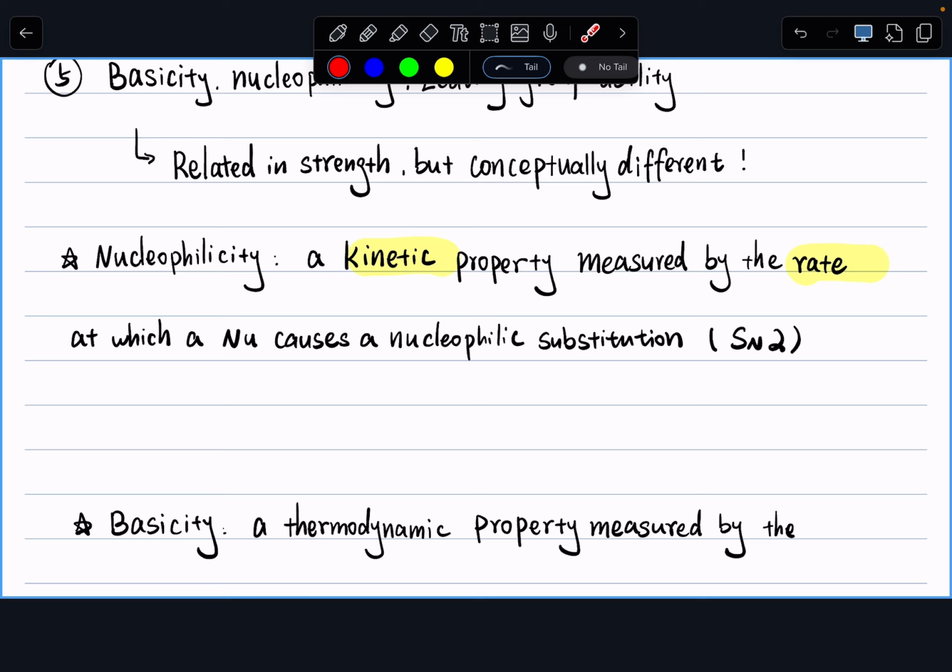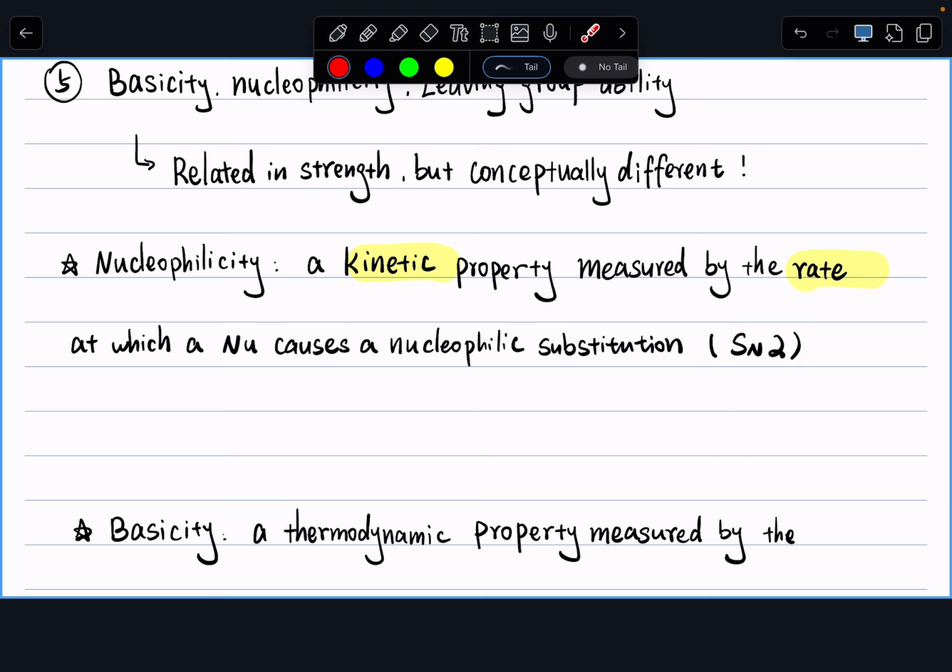It is a sole kinetic parameter talking about the rate of this nucleophilic substitution reaction. I highlighted SN2 here because in an SN1 reaction, the nucleophile is not involved in the rate determining step. So the nucleophilicity is deeply related to the rate of an SN2 reaction.